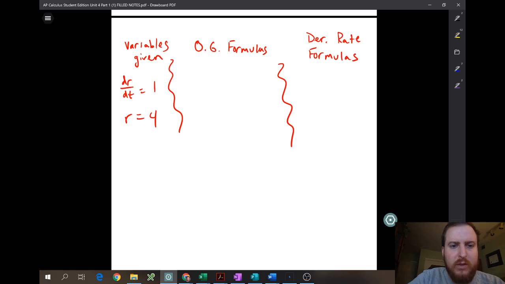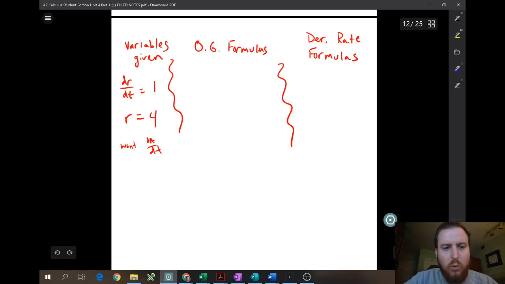And maybe even, what do we want? We want dA/dt, because that's going to help us figure out what we're going to do next. So then what are my original formulas? Well, what formula do I know for a circle that has area in it? The formula for the area of a circle is pi r squared. So that's what I'm going to put here.